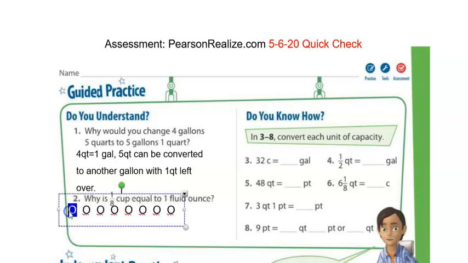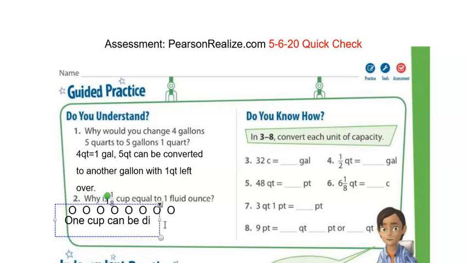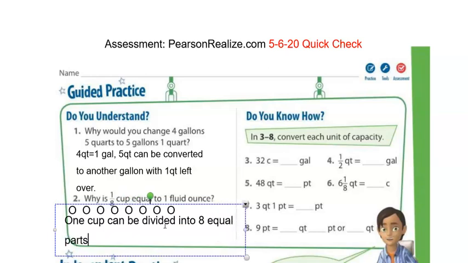So this is 1 fluid ounce, 1 out of these 8 total. One way to think about that is that 1 cup can be divided into 8 equal parts.